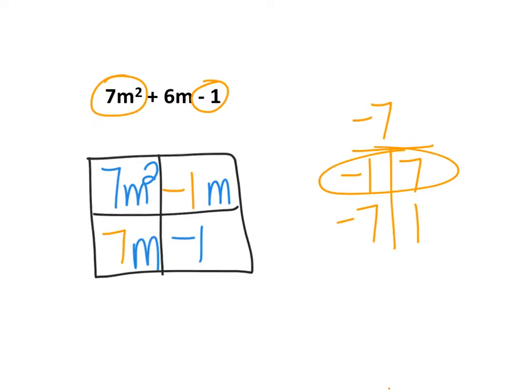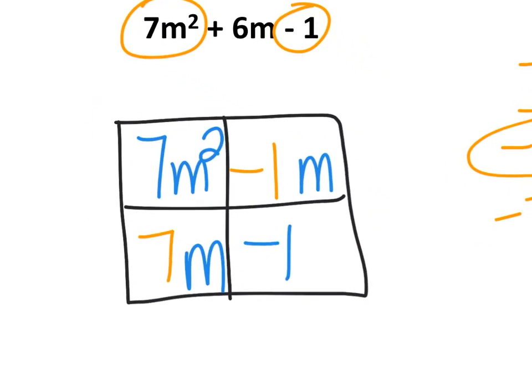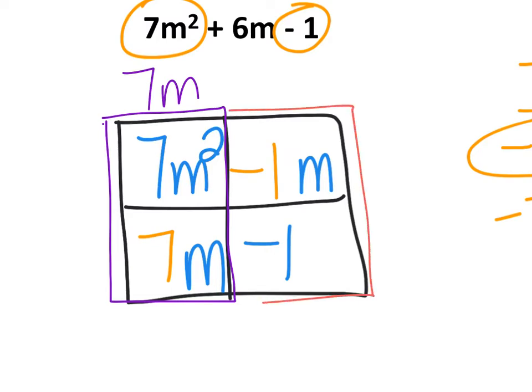Now I'm going to look at my first column, and I'm going to highlight it in purple here. What do they have in common? They both have a 7m in common. Then I'm going to look at my second column, the negative 1m and the negative 1.